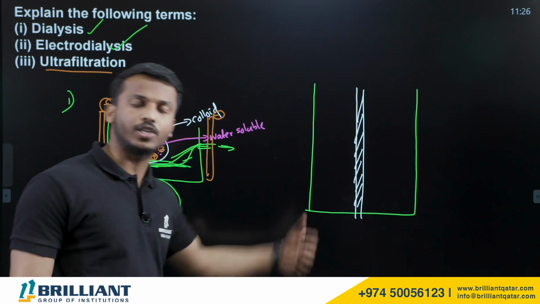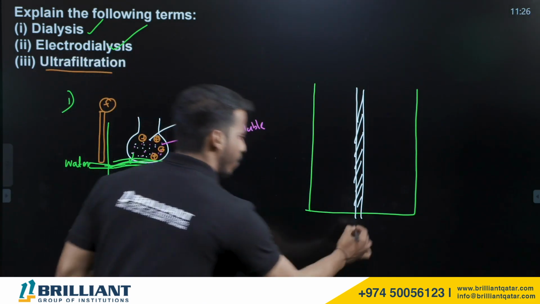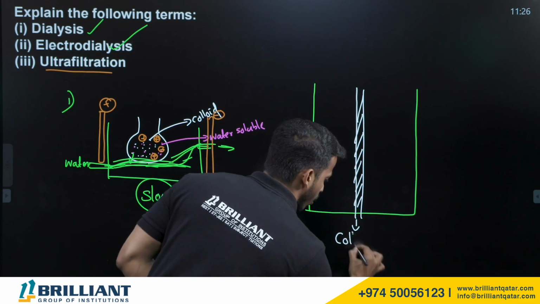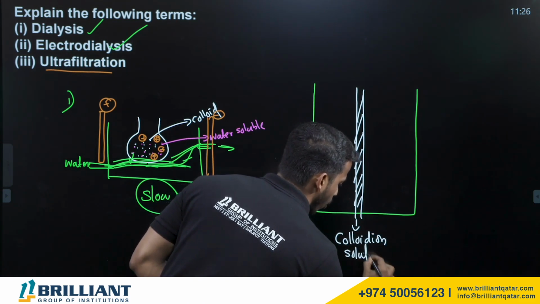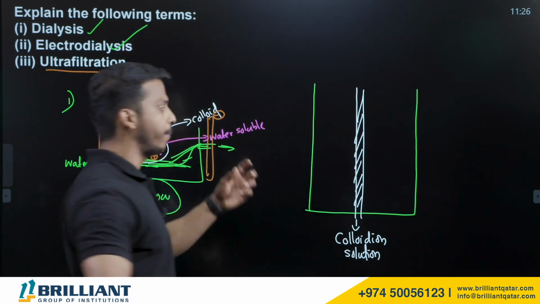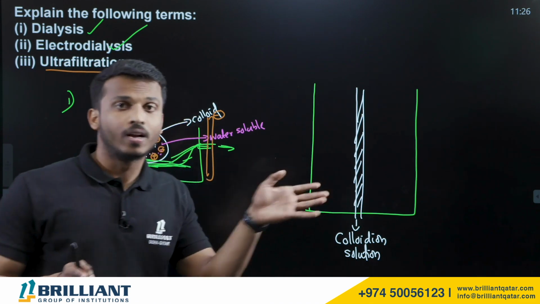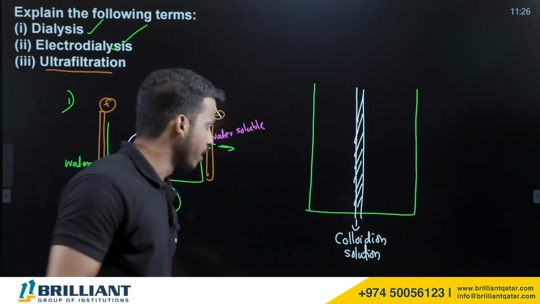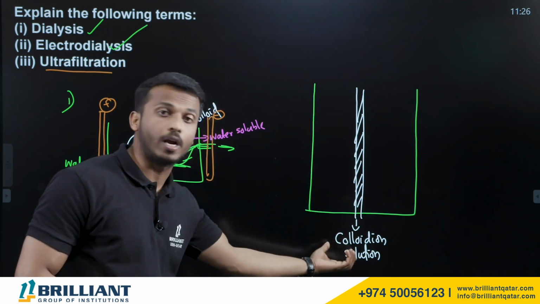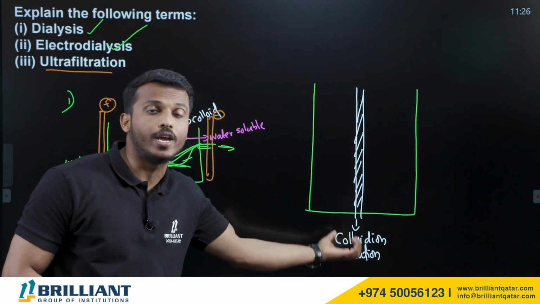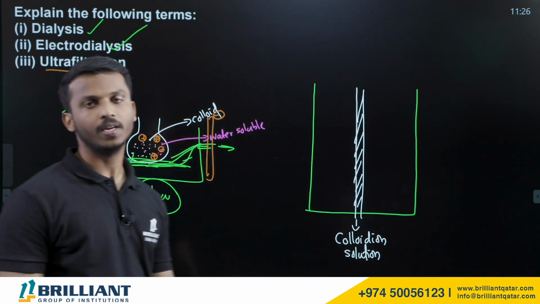In an ultrafiltration process, how is the ultrafilter paper made? It is made up of a solution called collodion solution. Through the ultrafilter paper, colloidal particles can't move, because their size is very small. So this ultrafilter paper is made of collodion solution. What is collodion solution?